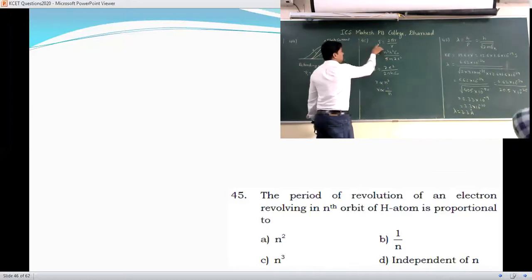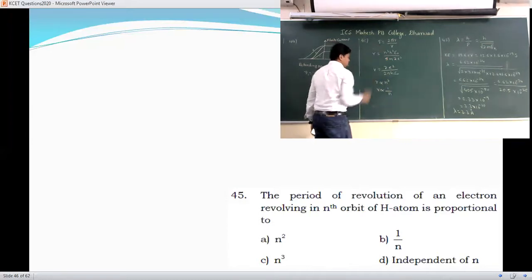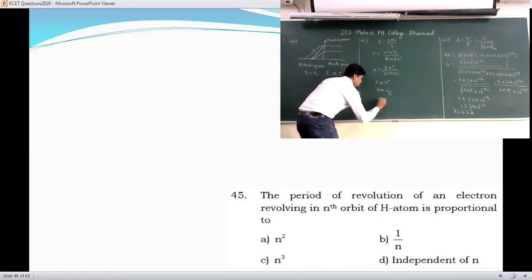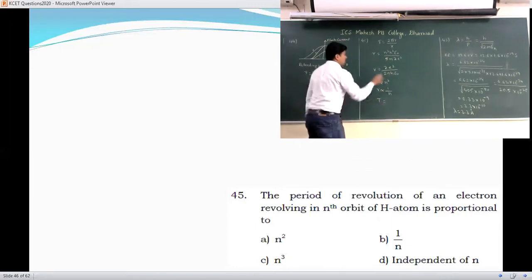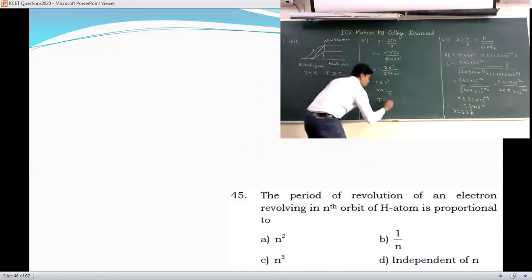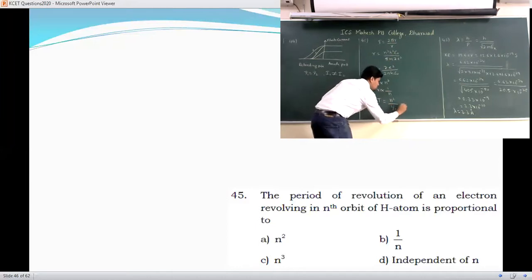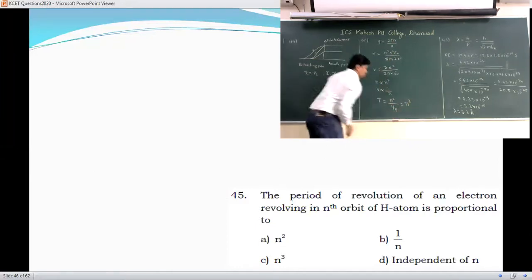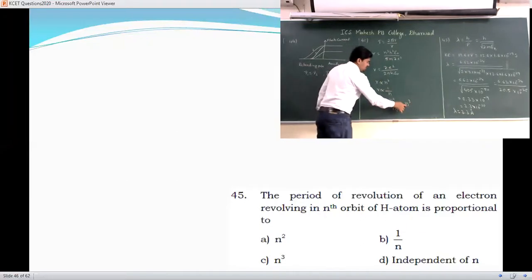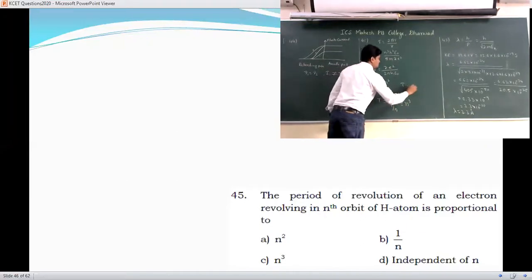Now when you take this T, T is directly proportional to r, so it is n square, divided by v, so it is 1 by n. So how much are you getting? It is n cube. What is the relation between T and n here? T is proportional to n cube.